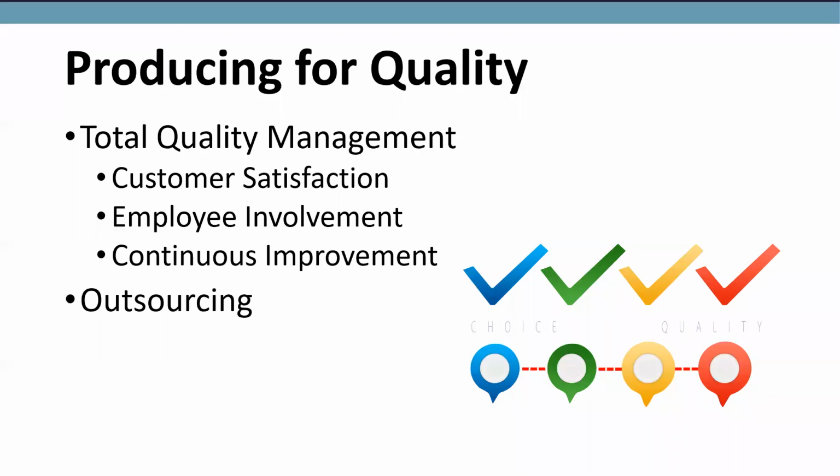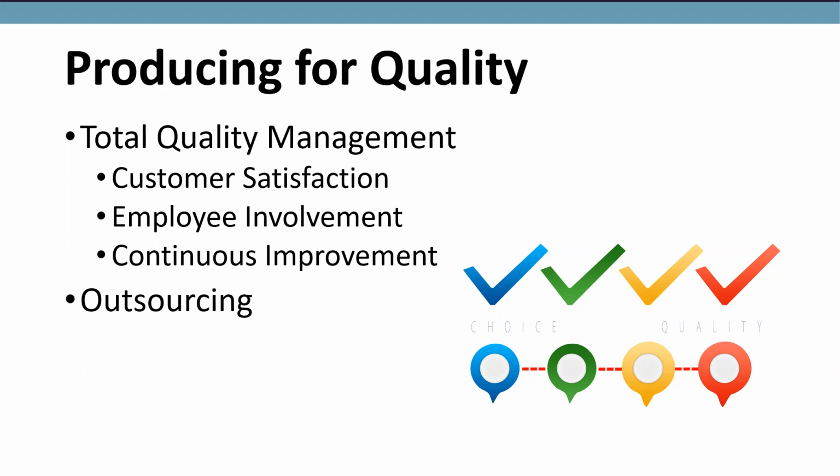Quality means that you need to be on top of your game. But another important part here is producing good quality. So total quality management means customer satisfaction, employee involvement, and continuous improvement. A lot of times the major purpose of a business is to generate profit through customer satisfaction, and it is the responsibility of every employee involved in design, production, and even shipping.